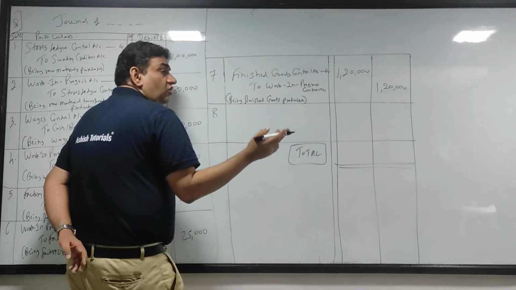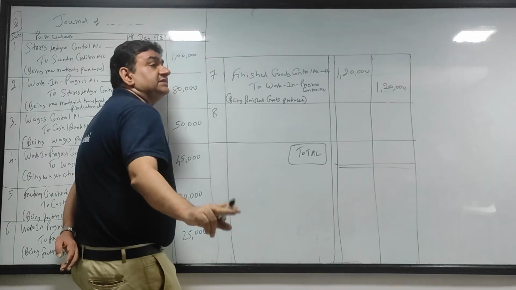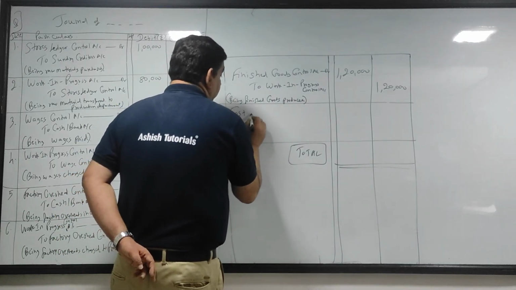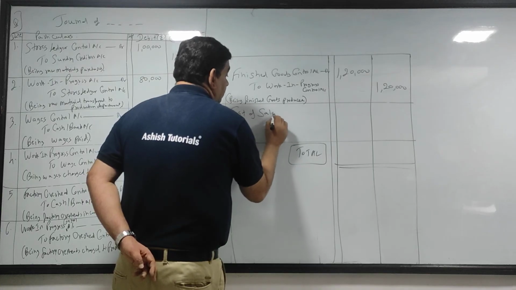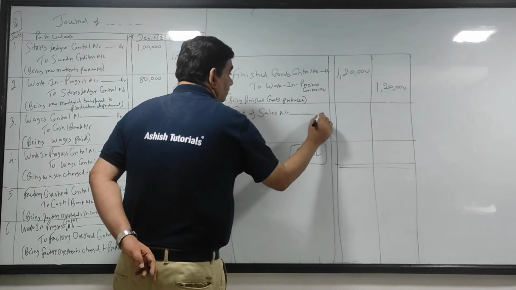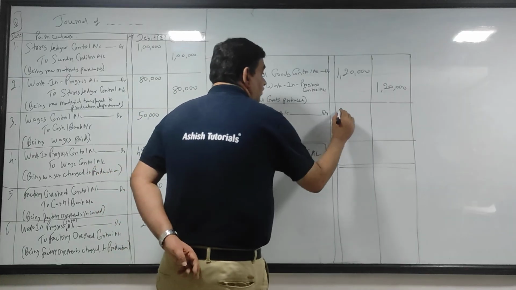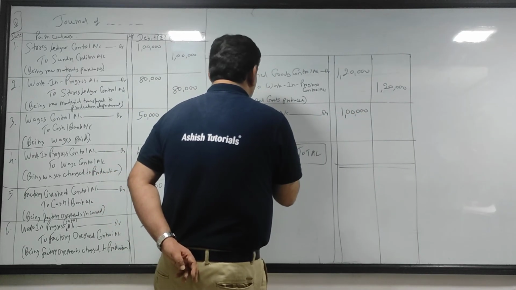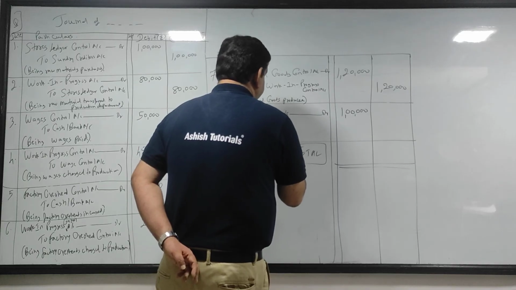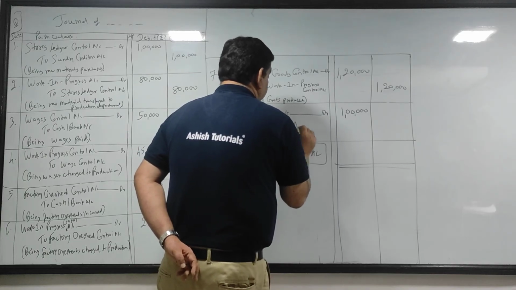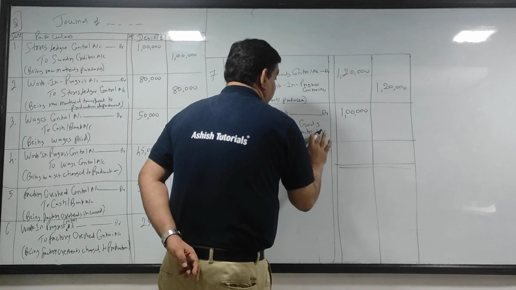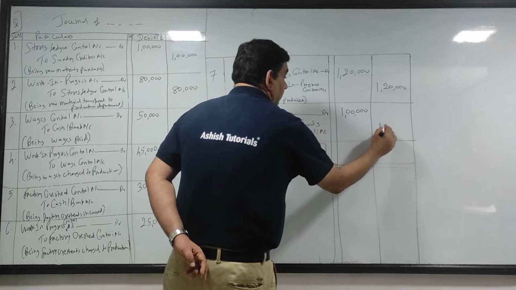एंड व्हाई इट इज गोइंग आउट? बिकॉज आई एम सेलिंग एंड दिस इज द कॉस्ट ऑफ सेलिंग. सो आई डेबिट एन अकाउंट called as cost of sales. So my next entry is cost of sales account debit 1 lakh to finished goods control account 1 lakh.